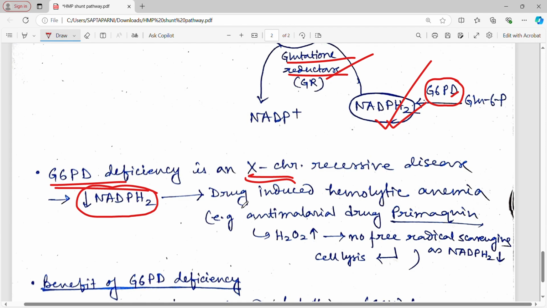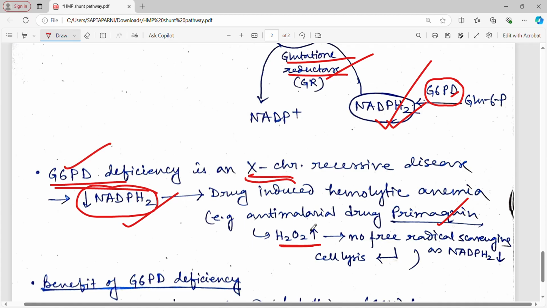And in case of the anti-malarial drug primaquine, we can see this kind of state. If a person is infected with malaria, then he needs to take anti-malarial drugs like primaquine. But the problem is that these drugs help in production of H2O2, which is very harmful for our cells. Now, if that person is already G6PD deficient, he is also deficient in NADPH2.